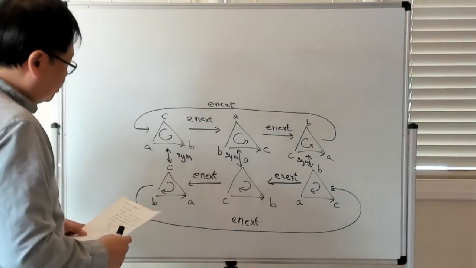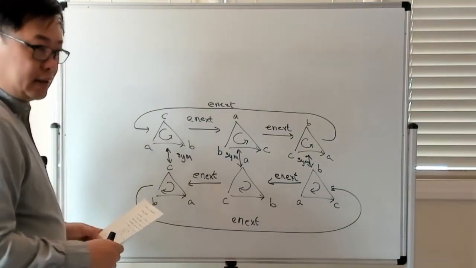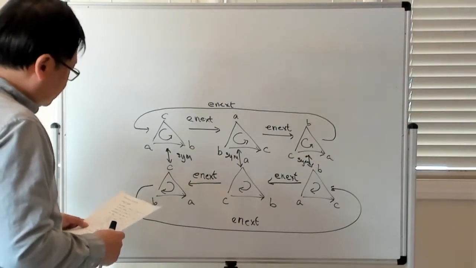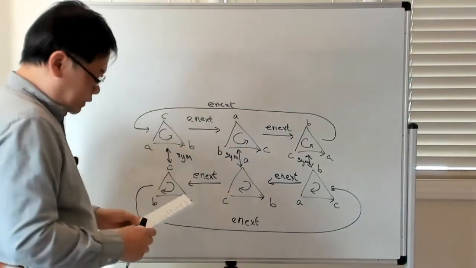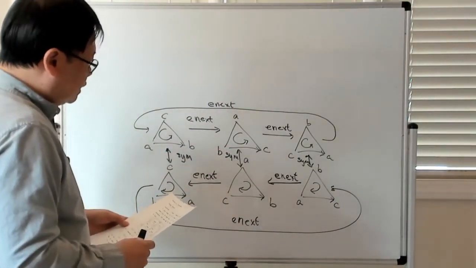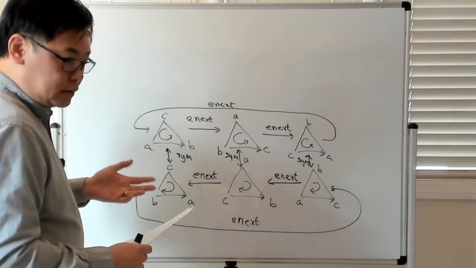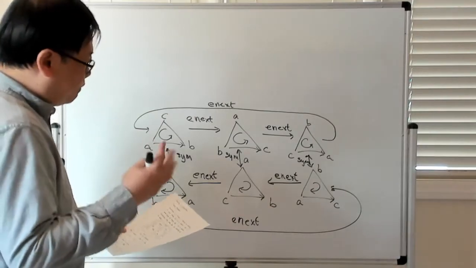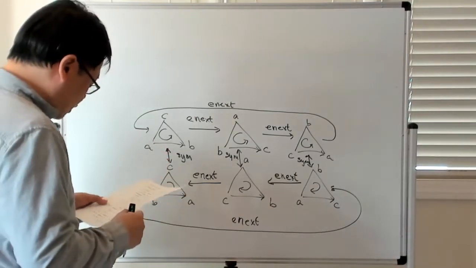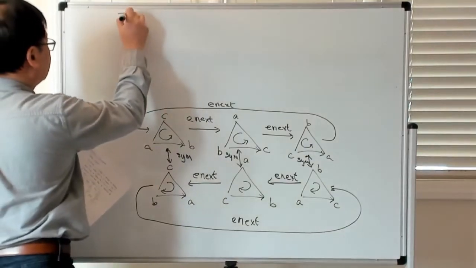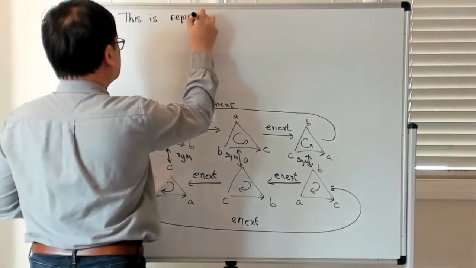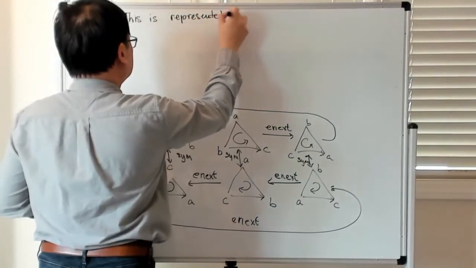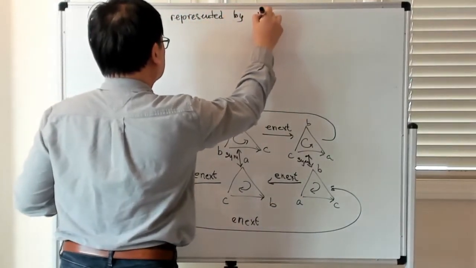So it's natural to try to encode that orientation explicitly. What's going to happen is that we're going to represent these six possibilities as a three-bit number. Okay, so this is represented by three bits.